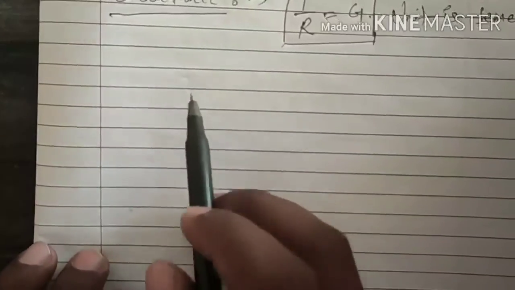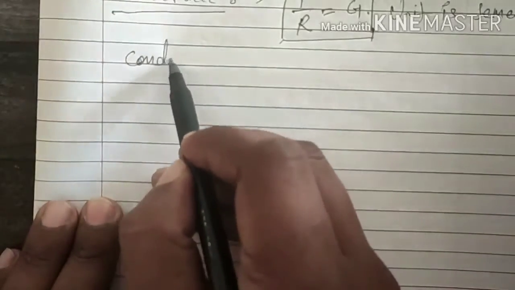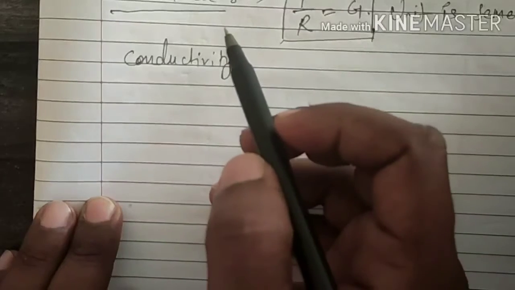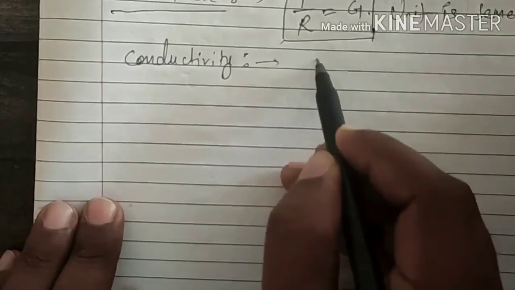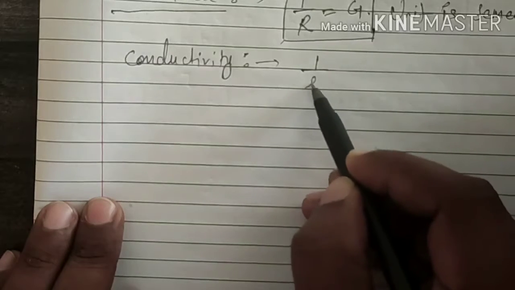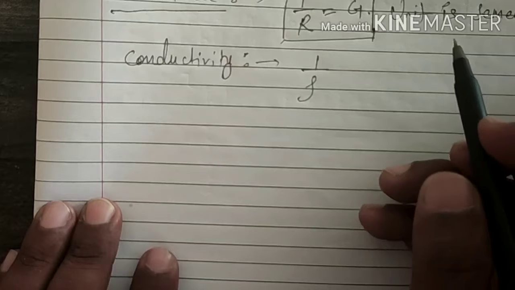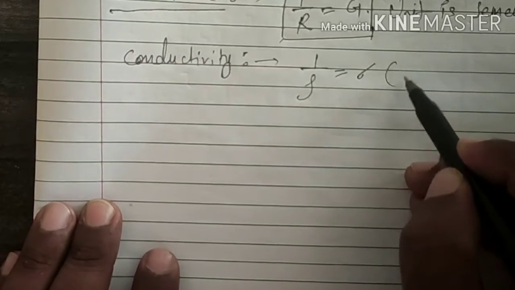Now we will see the next terminology, that is called conductivity. So what does this conductivity tell? The conductivity is defined as the reciprocal of the resistivity, and it is denoted by sigma.